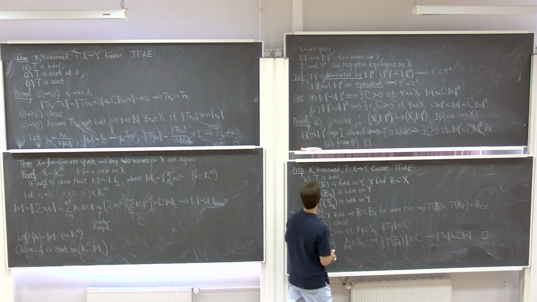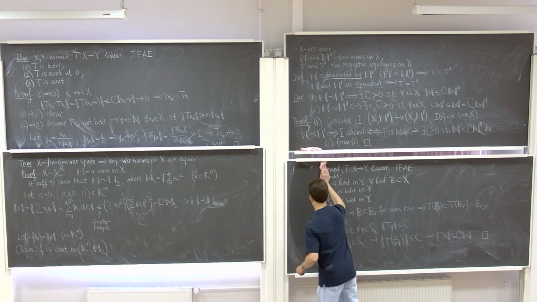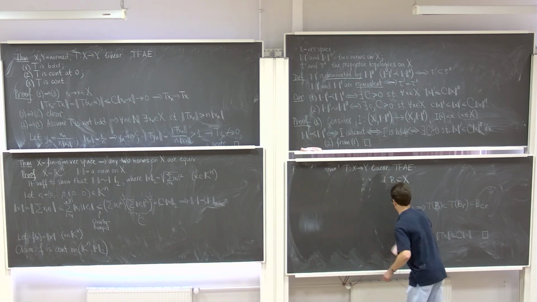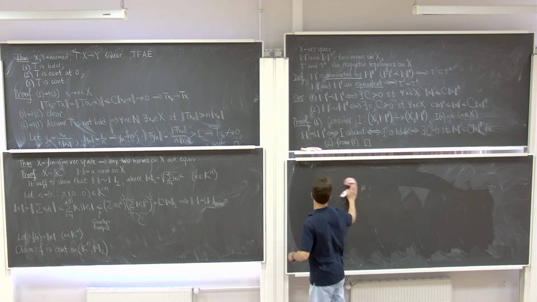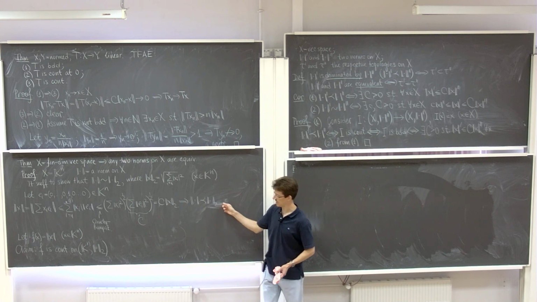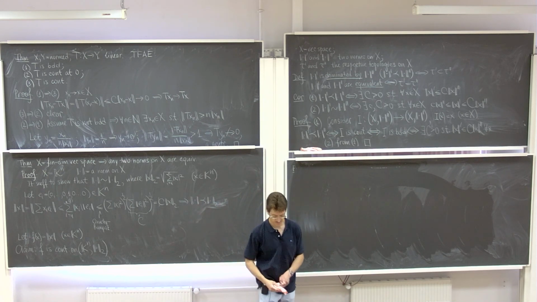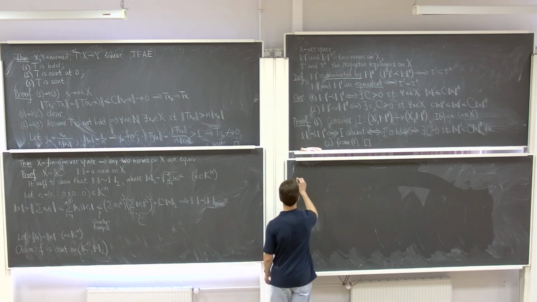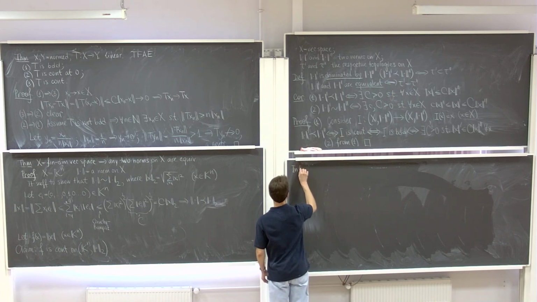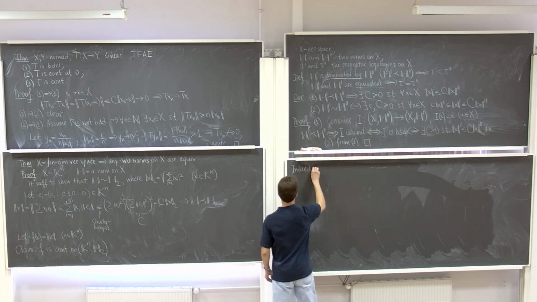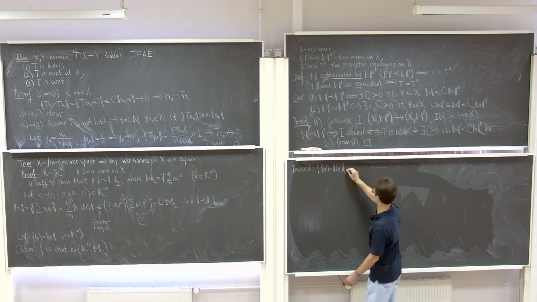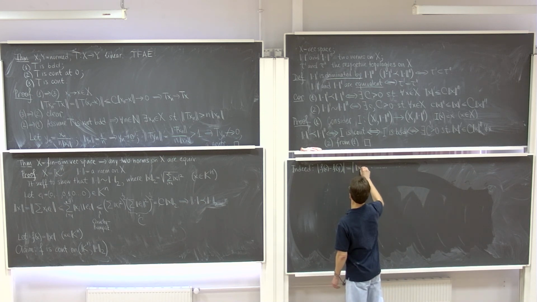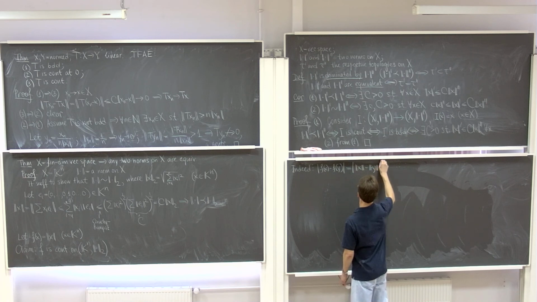Well, why is it so? Well, we already have this relation. So if I now calculate the distance between f of x and f of y, this is the absolute value of the norm of x minus the norm of y.